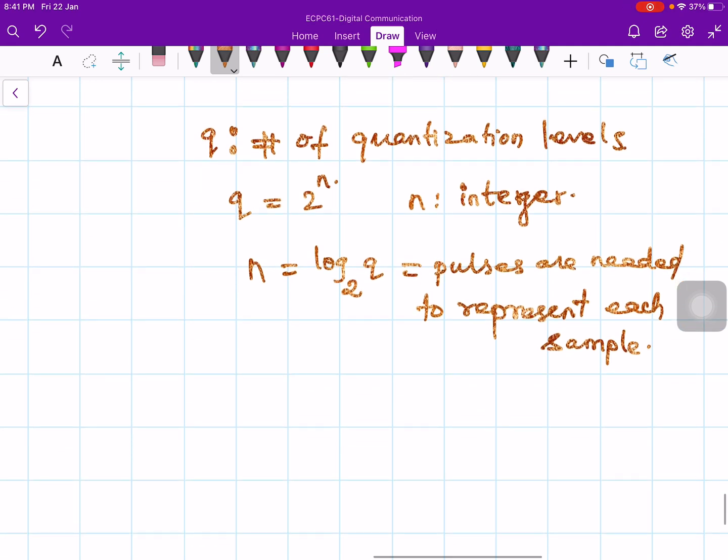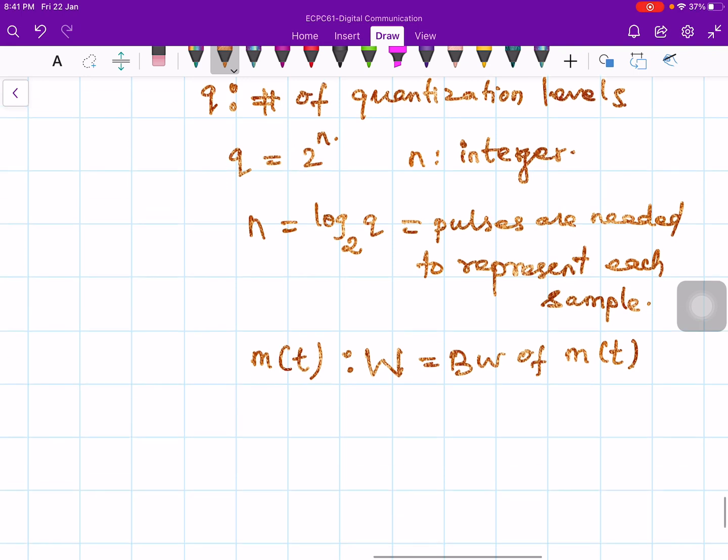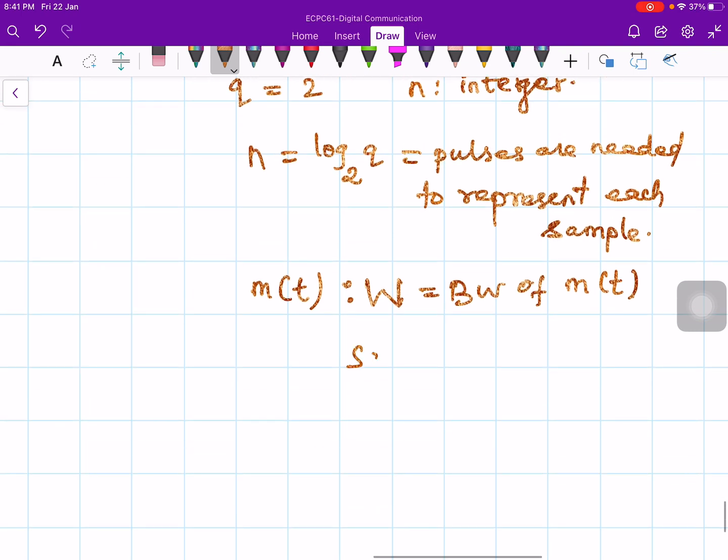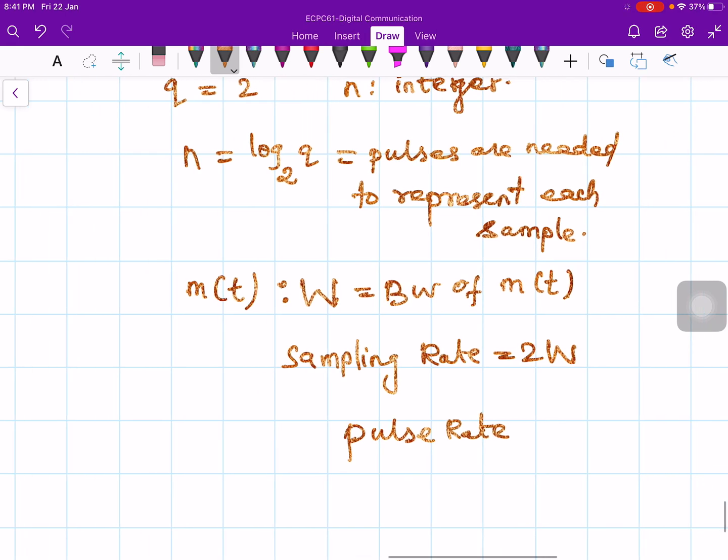Now we have the analog signal m of t, and the bandwidth is W. This is the bandwidth of m of t. As per the Nyquist criterion, the sampling rate is equal to 2 times capital W, and each sample is represented by n number of bits.